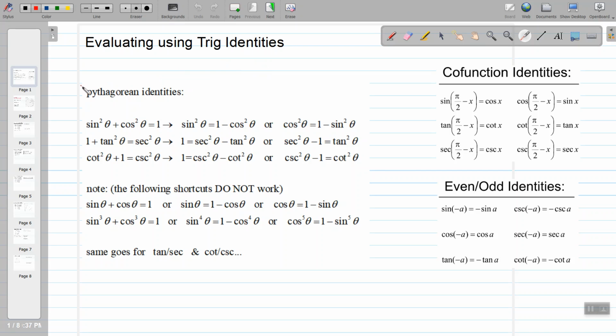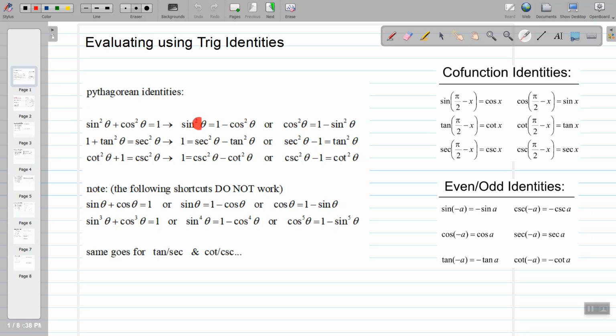All right, so the one on the left here is probably the most important one that you'll use in this section. So make sure you're very familiar with these sets of formulas, or identities actually. For example, over here you've got sine squared plus cosine squared equals 1. This is your main formula.